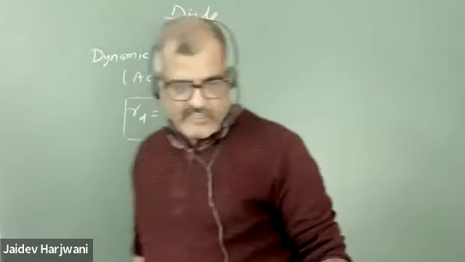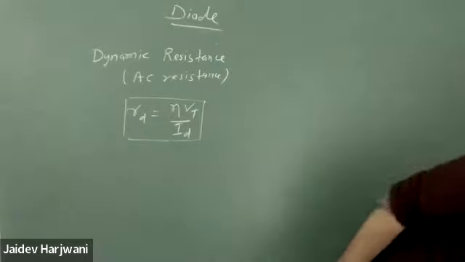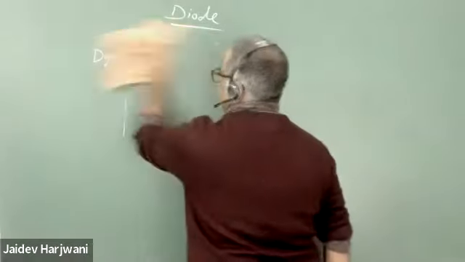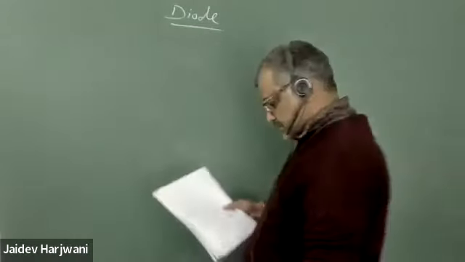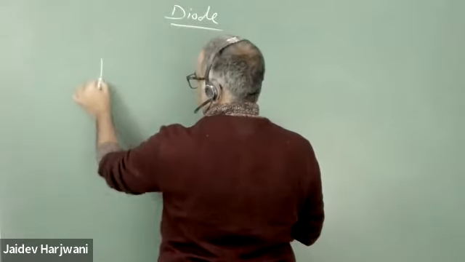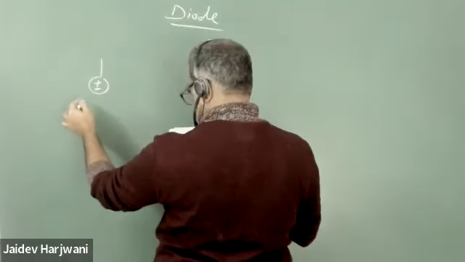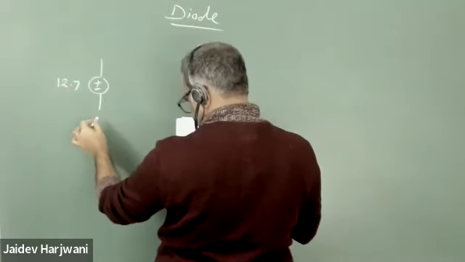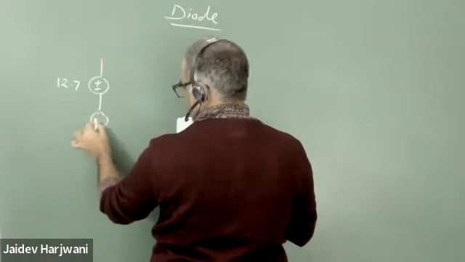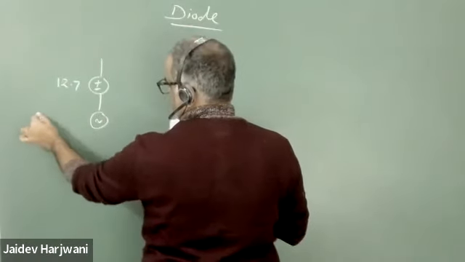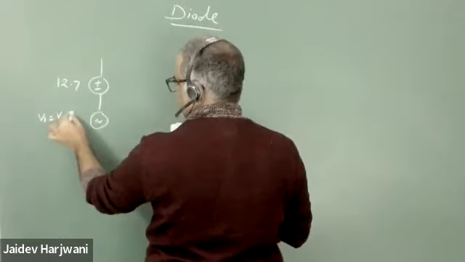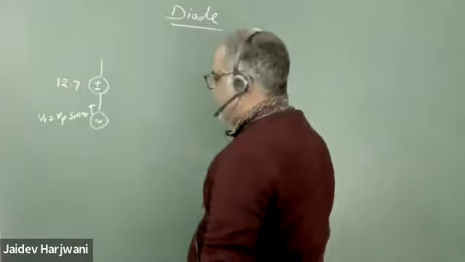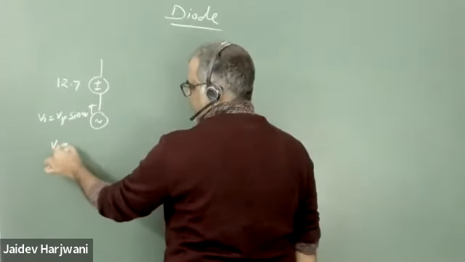Now let me solve one problem which came in exam. So we have a 12.7 battery and we have an AC source, whose Vi is given by VP sine omega t, and the VP value is 100 millivolt.